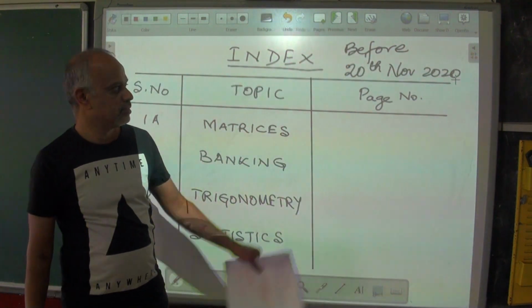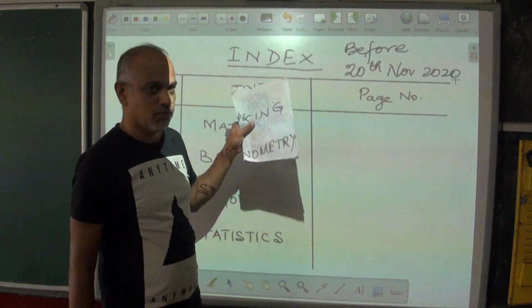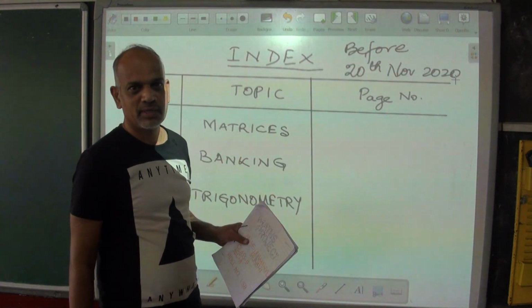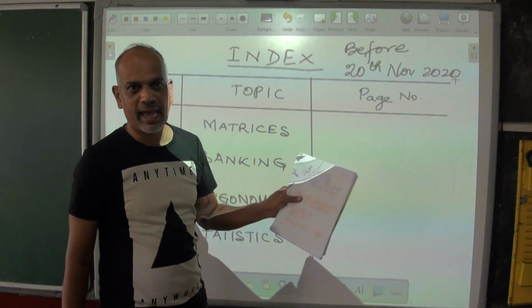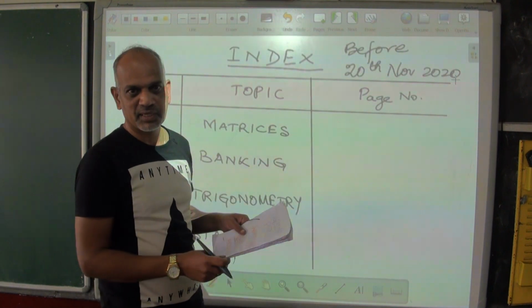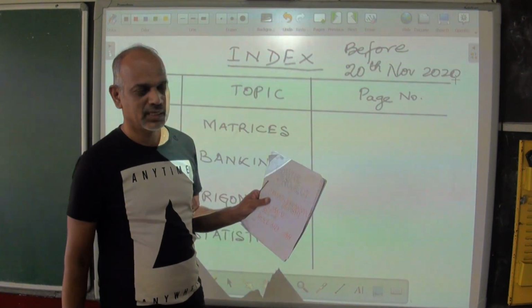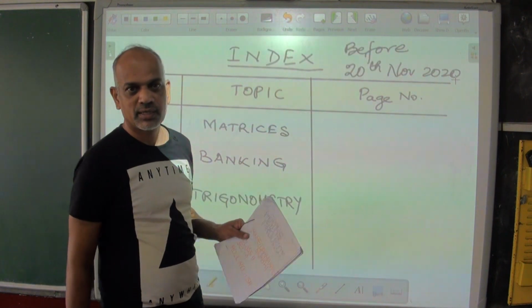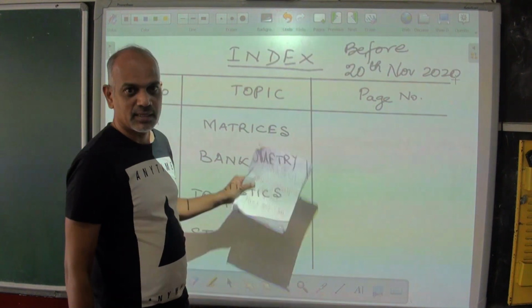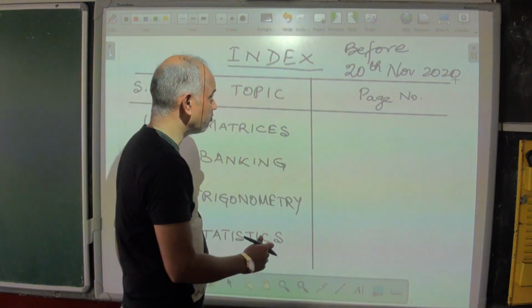Before this, it has to reach the school. For those who are in Kalimpong, you can come personally and hand over your project in the office or to the principal. And for those who are not in Kalimpong and who are staying far away, send this project by speed post.